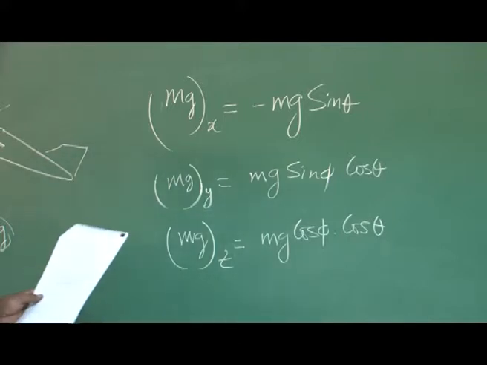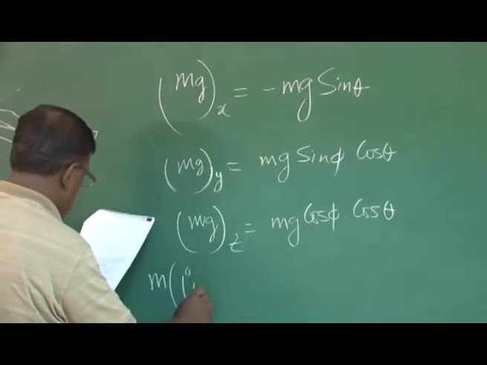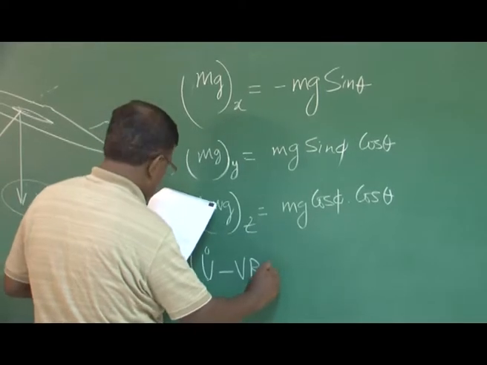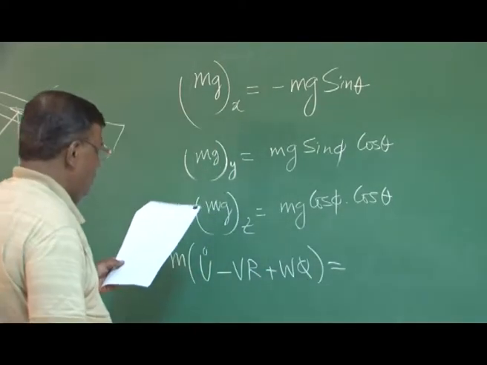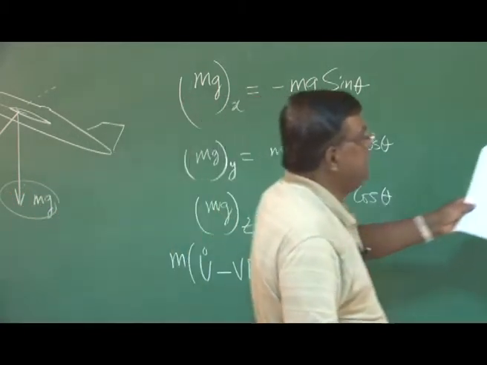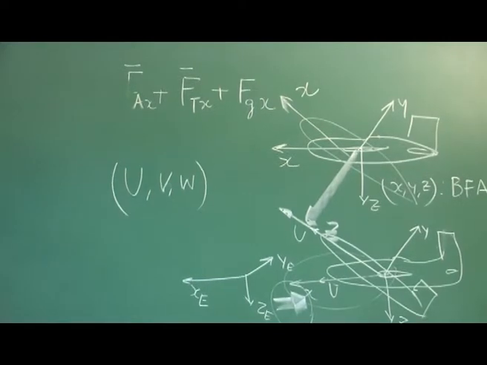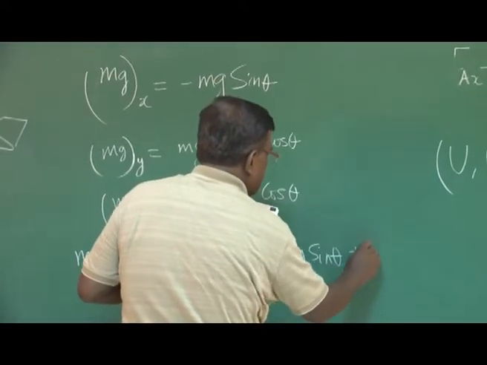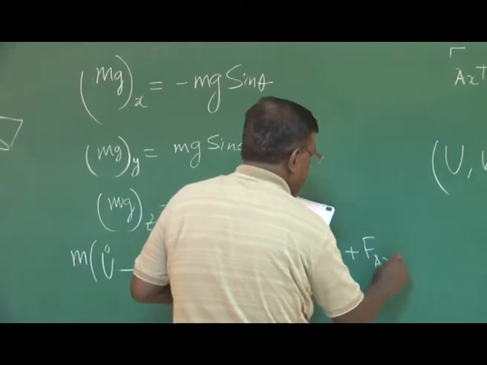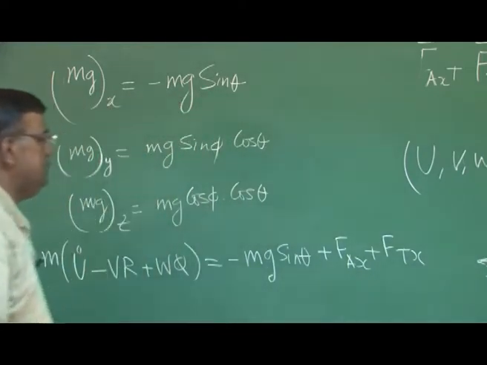So when I write this equation, m u dot minus Vr plus Wq equal to Fgx. For this Fgx I will write minus mg sine theta, then remaining F aerodynamic force x plus F thrust or propulsive force x.